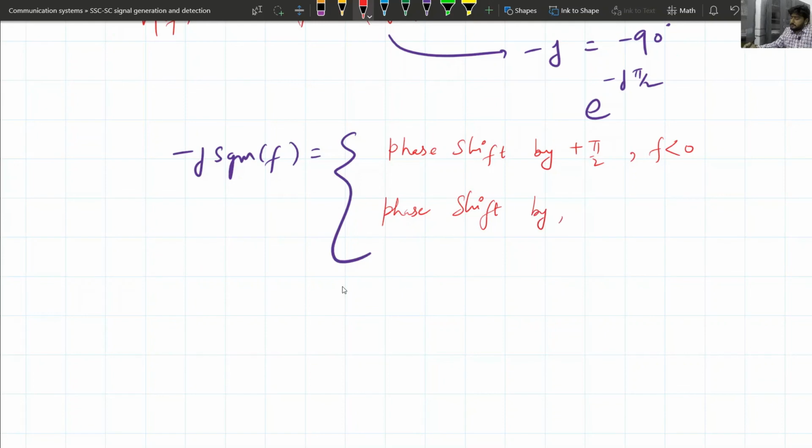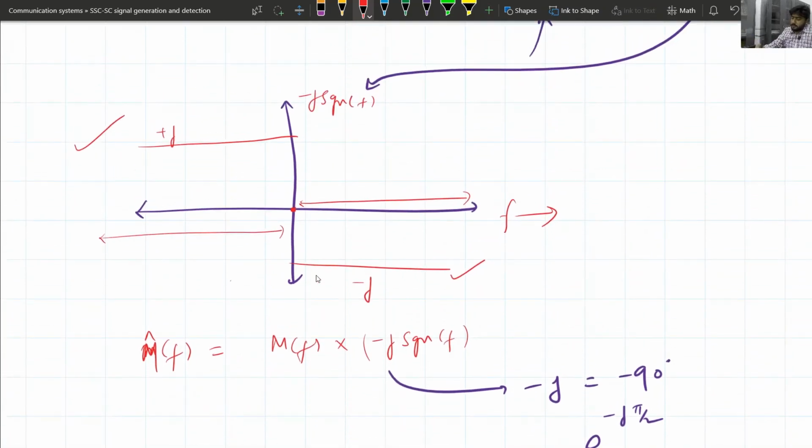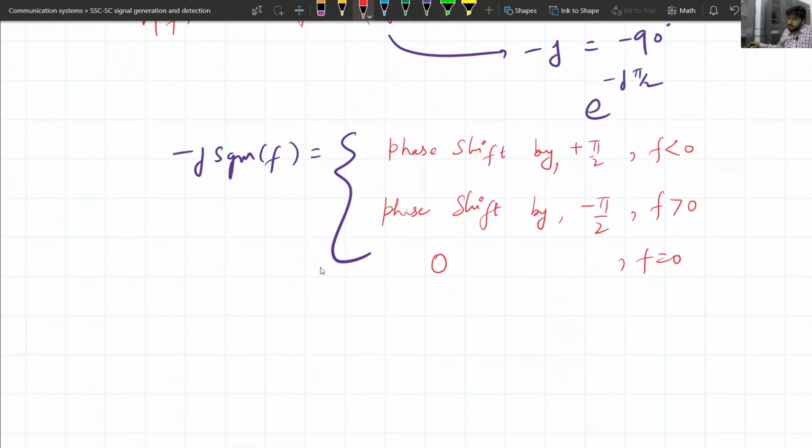And it will be 0 for f equal to 0, according to the definition of the sgn function; its value is 0 at the origin. F equal to 0 means the DC component.